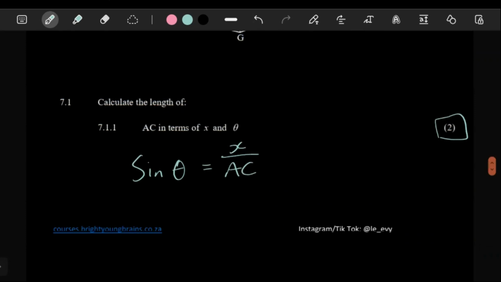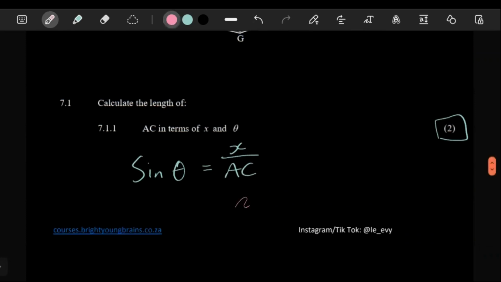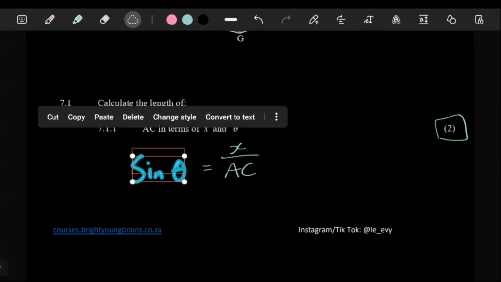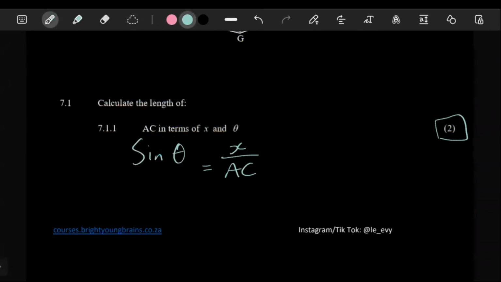Now, if you're going to make AC the subject of the formula, remember you can view this as something over 1. Let's put this over 1. And then you can just multiply by AC on both sides, and these will cancel out.